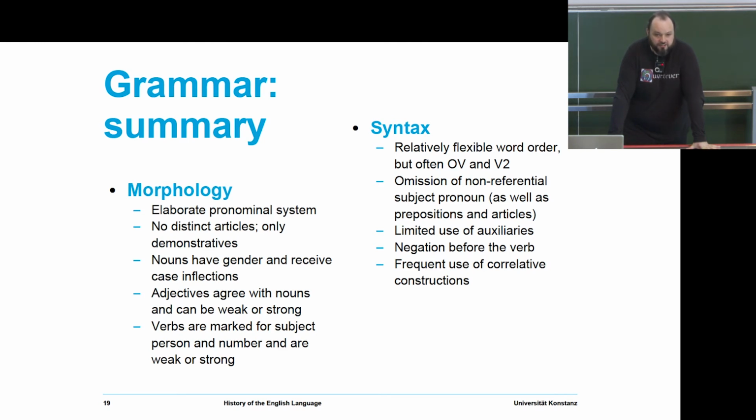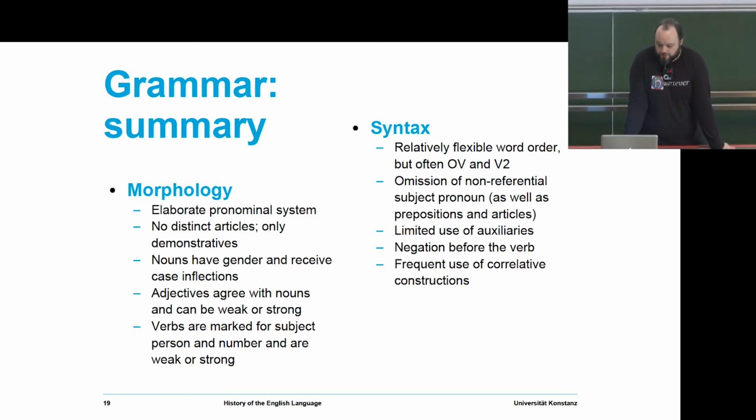Some verbs like help, that we think of as weak verbs in modern English today, were strong verbs in the Old English period. As regards the syntax, we see that this is a language with relatively flexible word order, but it's not completely flexible. So verb second, as I've told you, is the default word order in main clauses, with a few exceptions that we've just talked about.